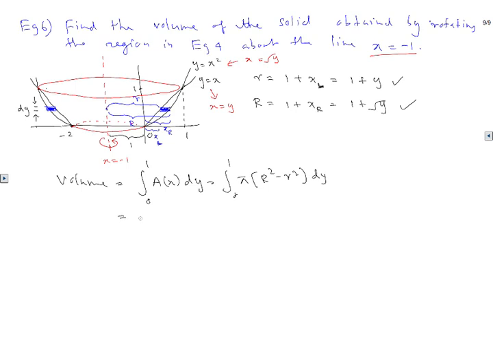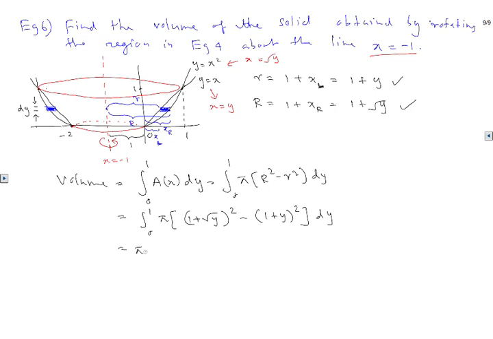So let's plug in. From 0 to 1, pi, big R is 1 plus square root y, squared. Small r is 1 plus y squared, dy. And then what's going to happen? We can simplify. If you simplify, what do you get?